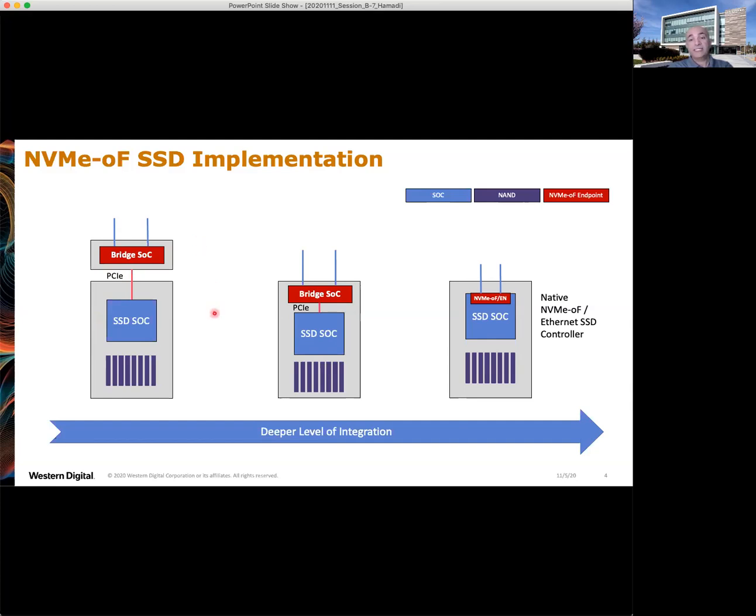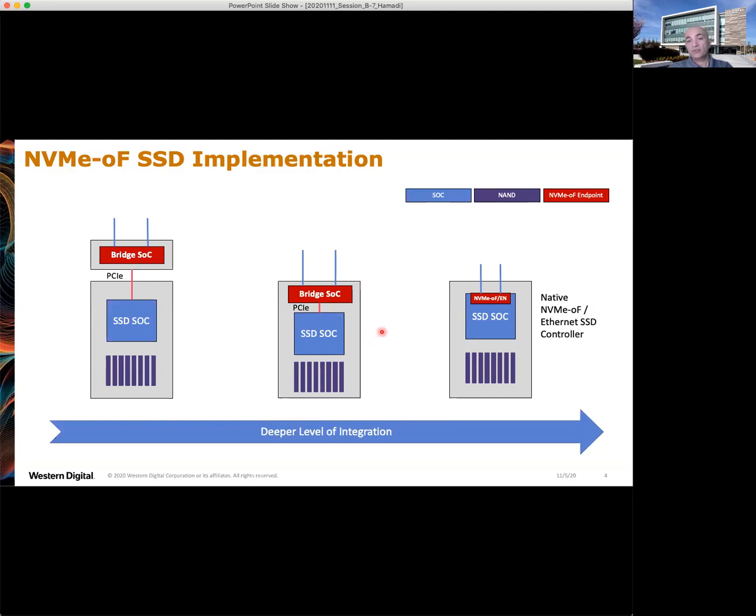Now, as you go deeper into the integration of NVMe over Fabrics controllers, you could actually put the same interposer within the drive itself. So now what you see externally is just an NVMe over Fabrics interface. However, we're talking a shallow level of integration here. You still pretty much have the same components, but you've put them all in one package.